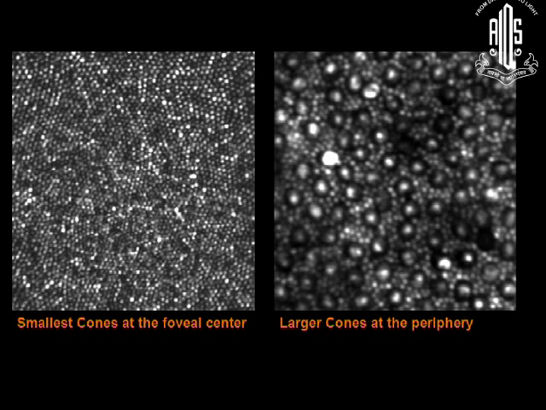So when you throw light, there is a Stiles-Crawford effect, because of which you will not see them uniformly. You will see some of them very bright, some of them not so bright. So right now we are at a stage where you cannot really see what is cone, but these are cones.